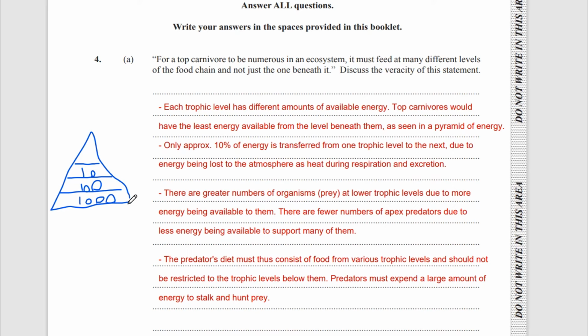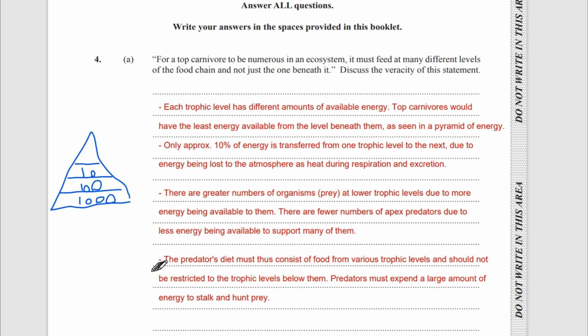So the good thing is at lower levels you actually have a greater number of organisms. These down here would be the prey, and this is because there's just more energy available to them. There's more organisms for them to eat. These primary consumers are usually herbivores, and there's usually a lot of plants to eat, a lot of producers. Now there's a fewer number of apex predators or top carnivores, because they require a lot more energy than the ones down here.